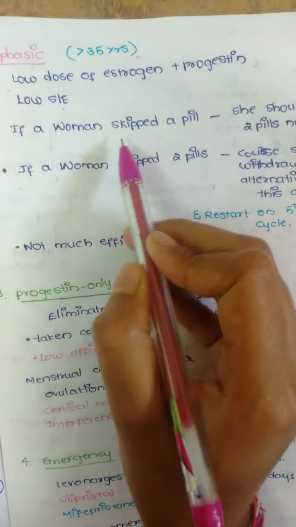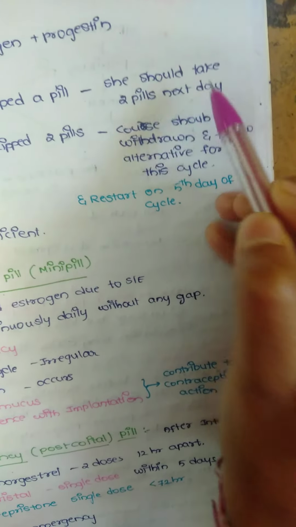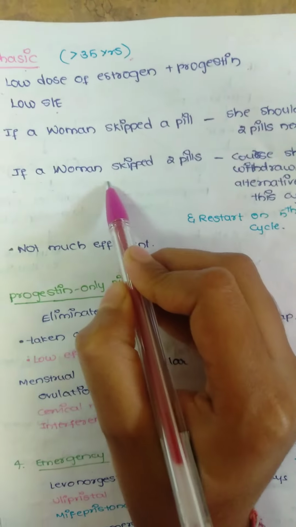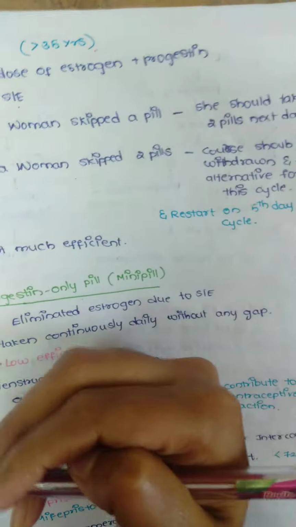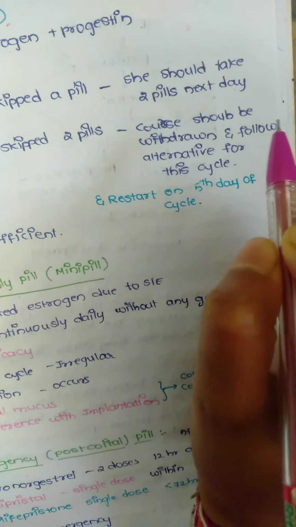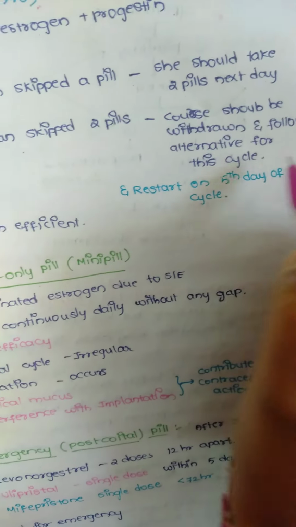So if a woman skipped a pill, she should take 2 pills the next day. If a woman skipped 2 pills at a time, the course should be withdrawn and an alternative followed for this cycle, and restarted on the 5th day of the cycle.